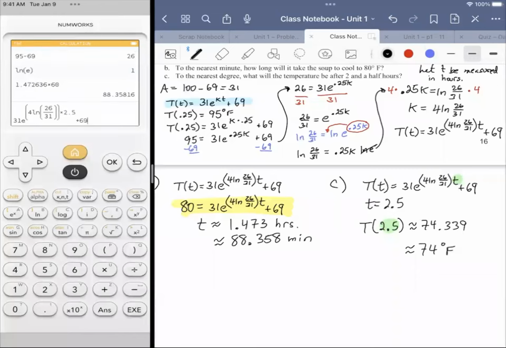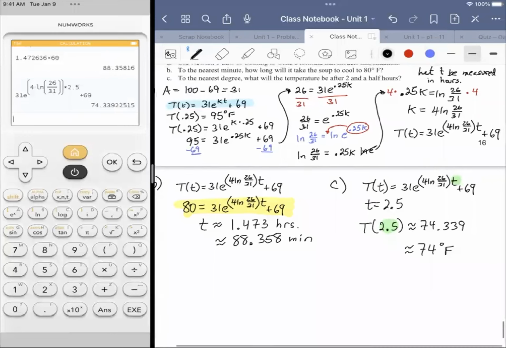So you see the only difference between what I typed in the equation editor and what I'm doing here is I'm actually putting the real value of t in there. When you do that, it gives you the 74.339. You could round it the way they ask you to round it. And that's really all there is to it.